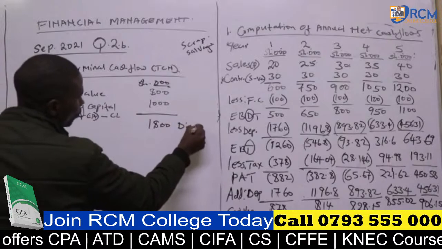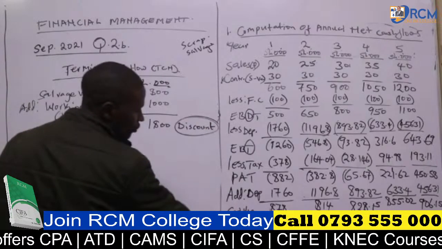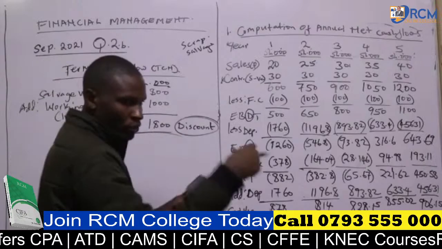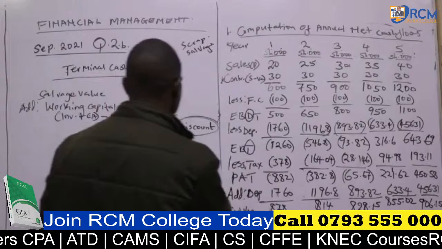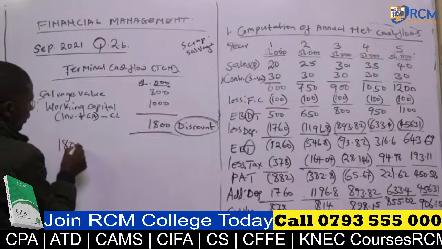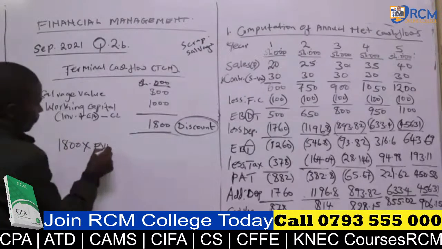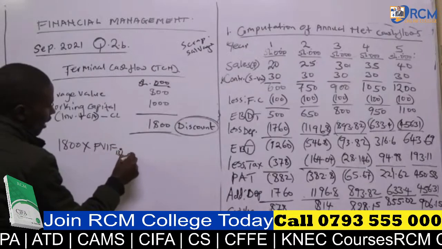Discount. I told you that you need to discount. Hapa pia huwa tuna discount hii amount. We find the present value of this. So what will be the present value of this? It will be 1,800 times PVIF 13%, 5 years.